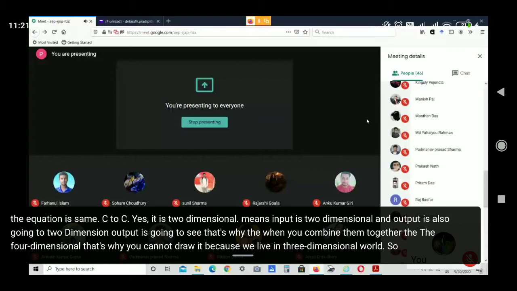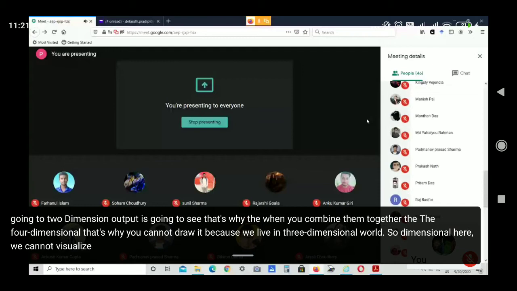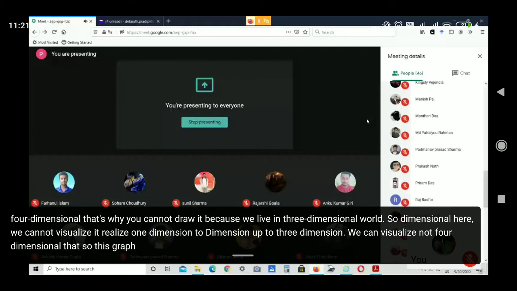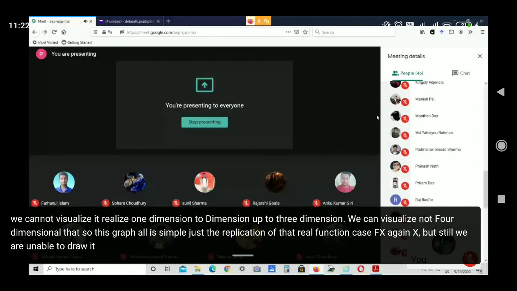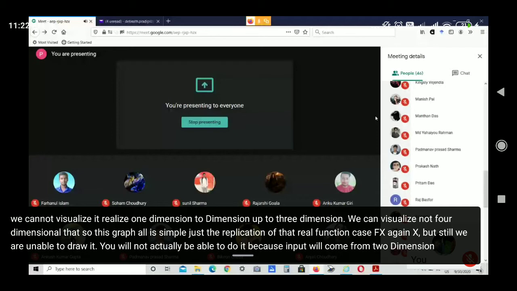We can visualize one dimension, two dimensions, up to three dimensions, not four. So this graph is simple, just the replication of the real function f(x) equal to x, but still we are unable to draw it, because input will come from two dimensions and output will again be going to two dimensions.